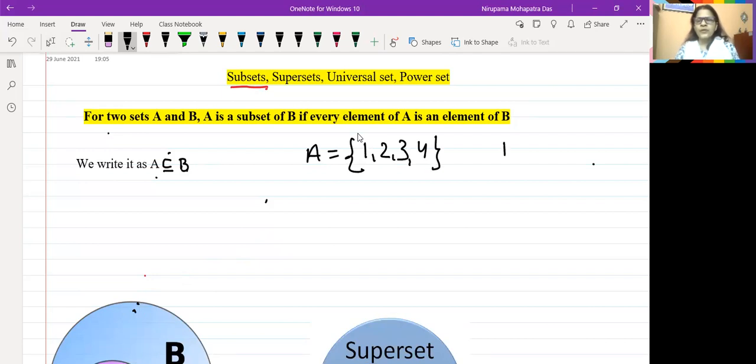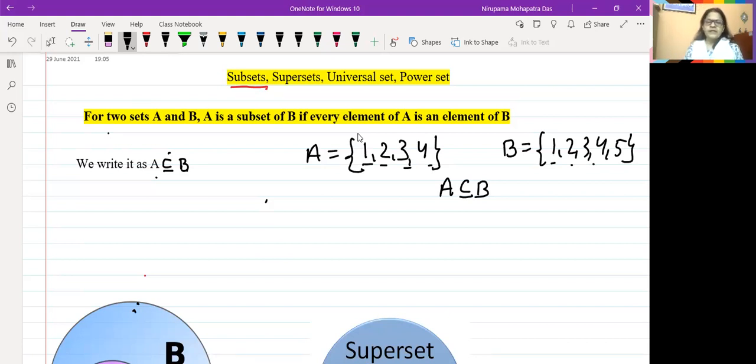Let me take another set B: 1, 2, 3, 4, 5. It means every element of A is an element of B. So here we can say A is a subset of B. And when A is a subset of B, it means B contains A.